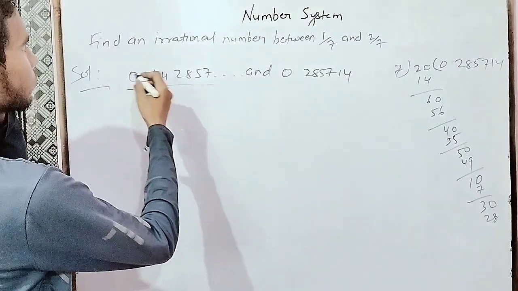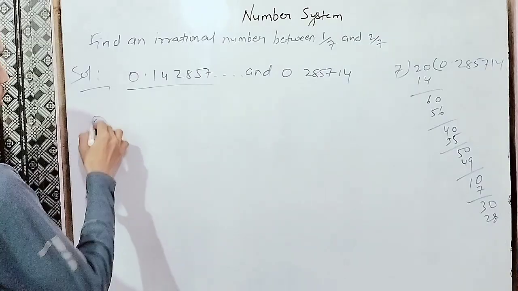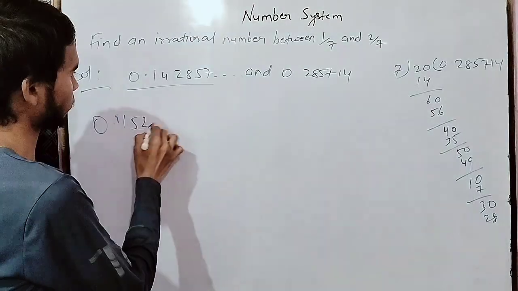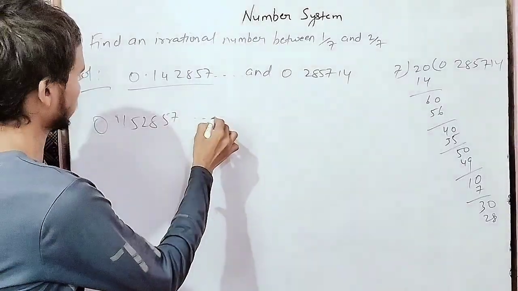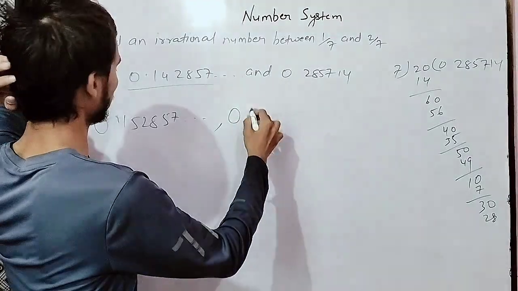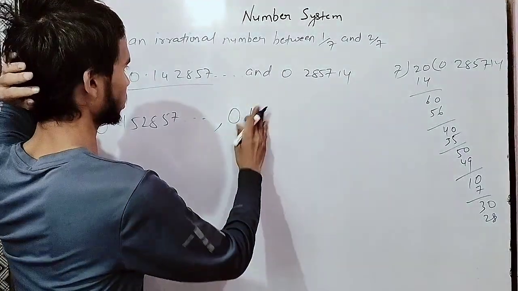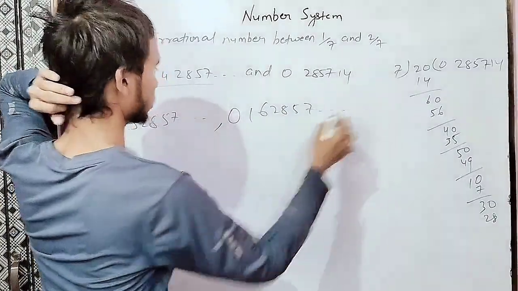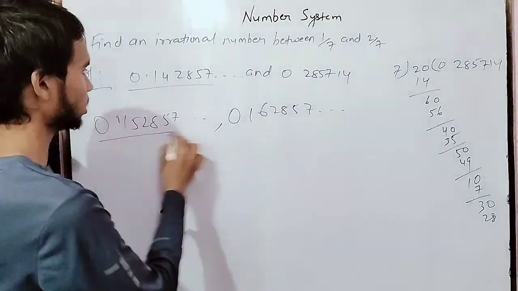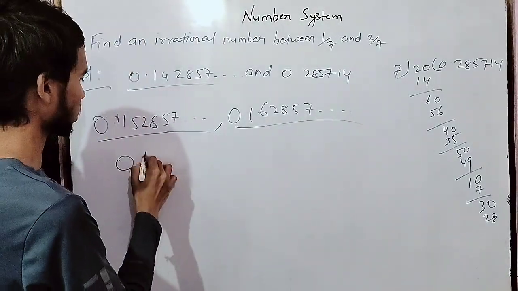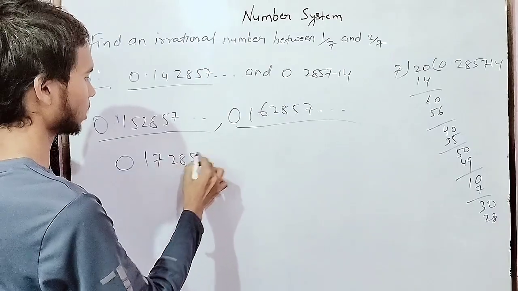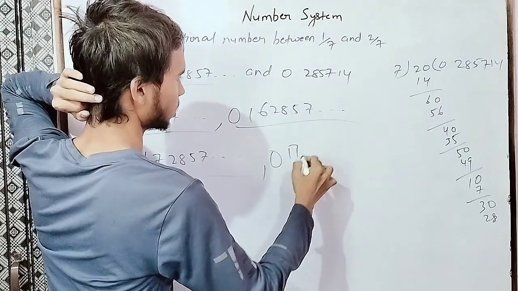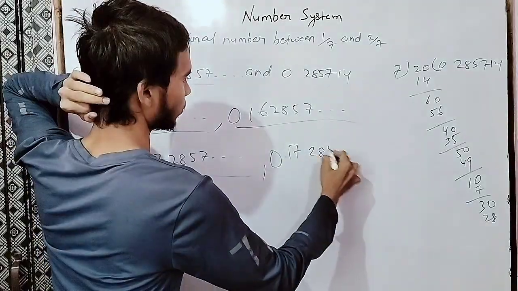How much? Find an irrational number. So 0.115 28. This one 0.11628 57. Even 1 2 next 3 2 8 5 7. Okay, this 3 0 1 7 2 8 5 7.